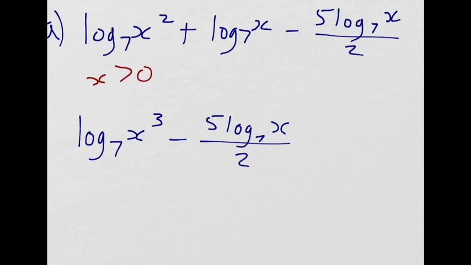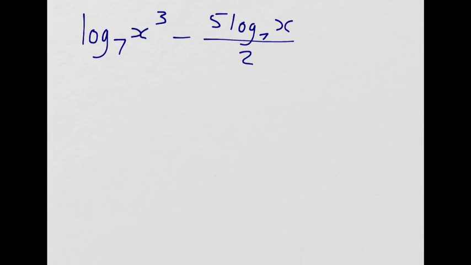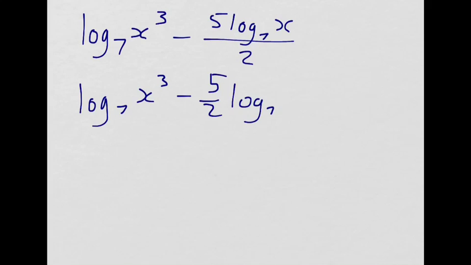Factor the 2 out? What do you mean, this guy doesn't have a 2? Times everything by 2. Can't do that, it's not an equation. If it was an equation, it'd be nicer. One thing we could do is I'm going to rewrite that second term, I'm hoping this will work, as negative 5 over 2 log x base 7.